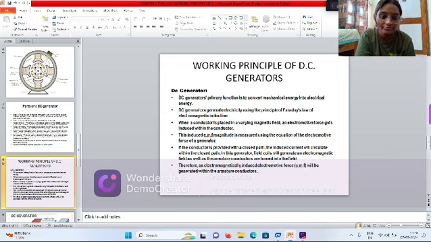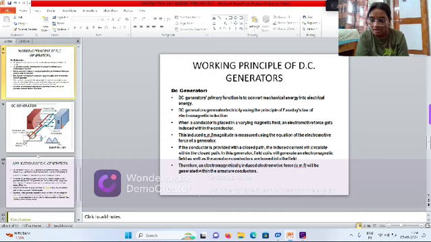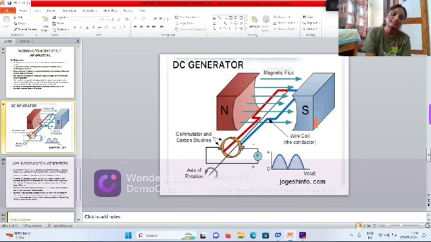In this generator, field coils will generate an electromagnetic field, and the armature conductors turn in the field. Therefore, an electromagnetically induced electromotive force, EMF, will be generated within the armature conductors. This is the basic working principle of a DC generator, and here is the diagrammatic representation of a DC generator, where there will be two poles, north pole and south pole.